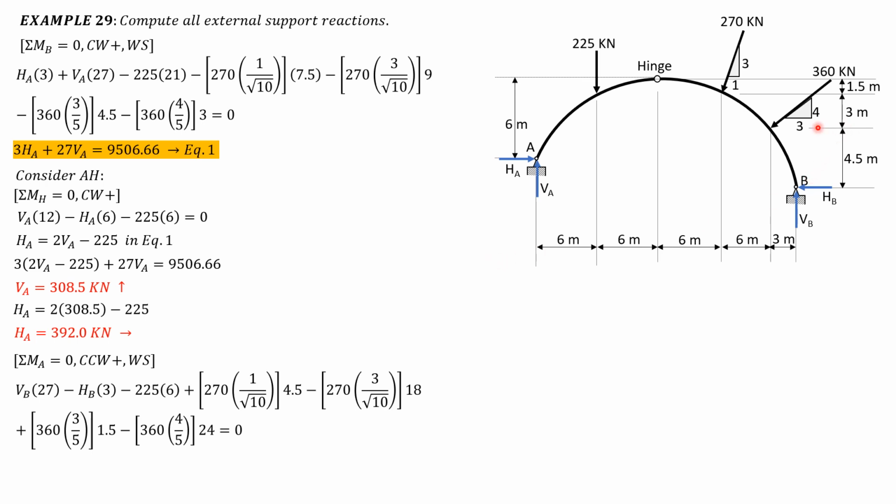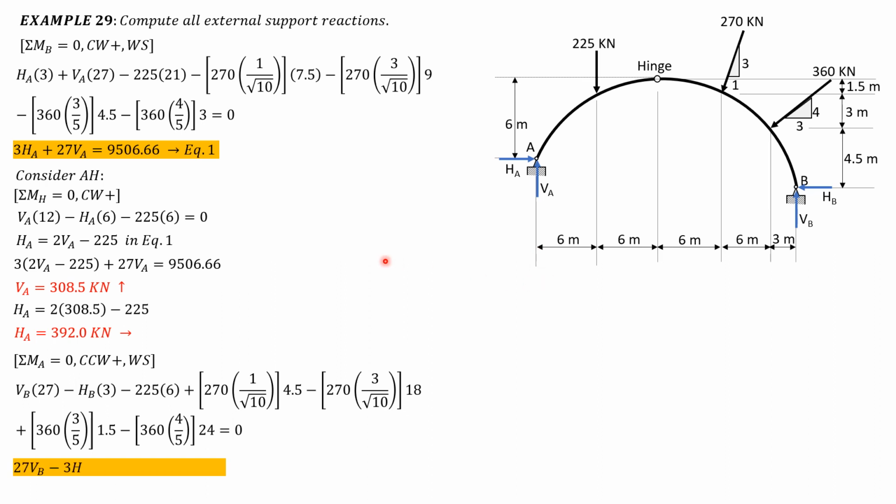Then the horizontal component here is 360 times 3 over 5, then the distance is 1.5, it's counterclockwise, so that's why it's plus. The vertical component is clockwise, so minus 360 times 4 over 5 times 24, then equals 0.